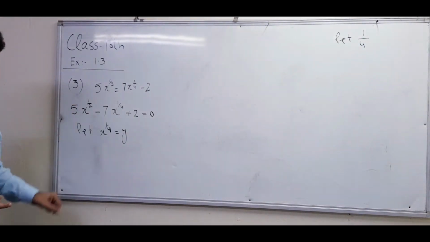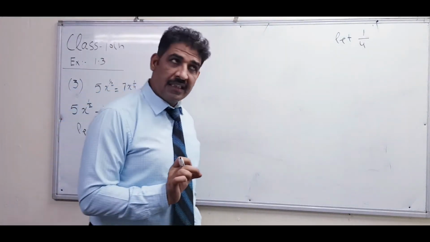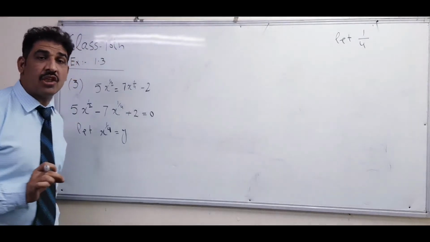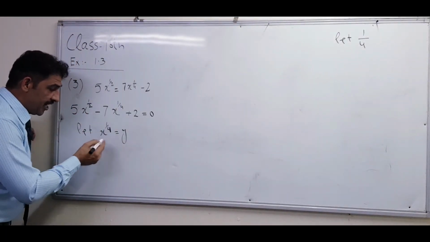But according to the quadratic equation, what is the highest degree? Yes, the highest degree is equal to 2. So to make it degree 2, we take the square on both sides.